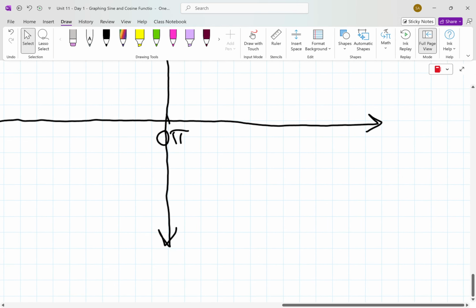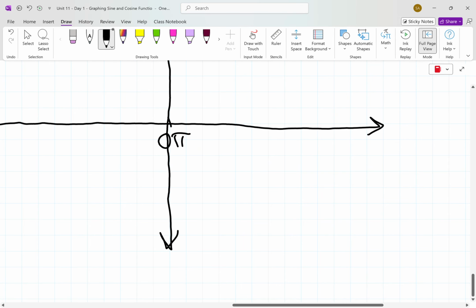So it's going to go from 0 pi to pi over 2, or a half pi. And then the next one, I'm going to add another half pi. So what's a half pi plus another half pi? Just pi, right? 2 pi over 2, just pi.